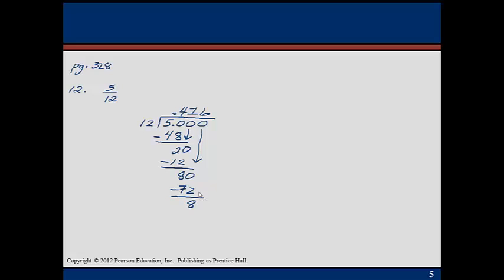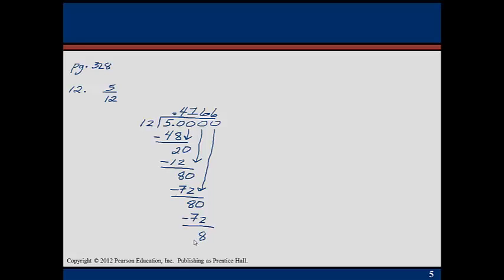Subtract, and we're going to get 8 again. If we bring down another 0, we will still have 80. So 12 into 80 is still going to be 6. 6 times 12 is 72. And we subtract, and you realize we're always going to end up with this 8.